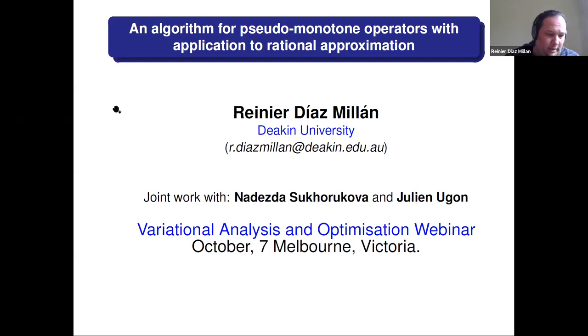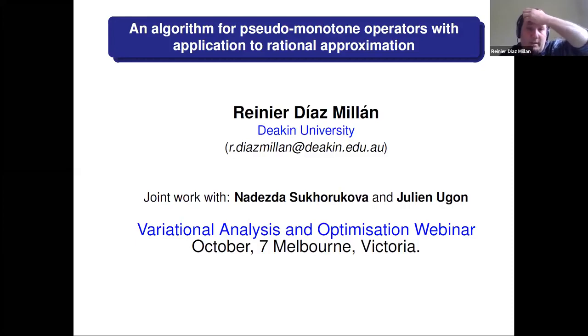At the beginning, when I came to Australia this time, Julian and Nadia proposed to me to work on approximation, rational approximation, and try to develop projection algorithms to solve these kinds of problems.